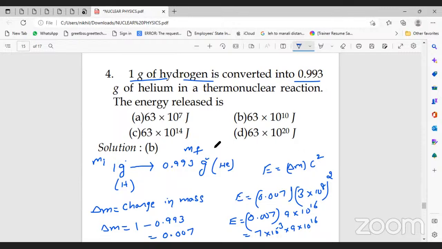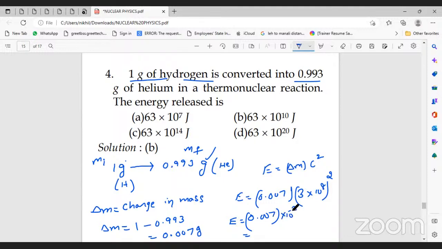Yeah, this is in gram, right? So you have to convert that gram into what? Kg, right? You have not converted the mass in terms of kg. Convert that mass in terms of kg.